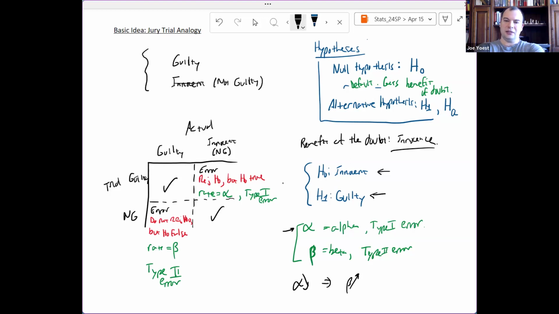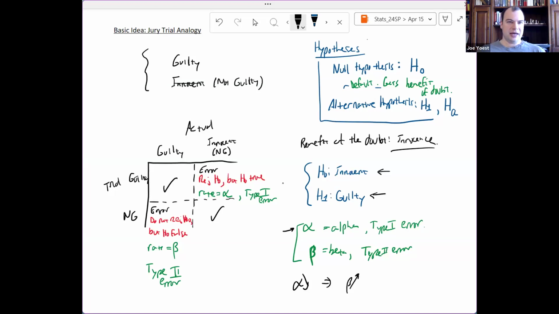So this is the structure of hypothesis testing as well. We do some calculations. We say, if the person was innocent, if the null hypothesis was true, how unlikely would it be for such evidence to exist? If it would be extremely unlikely for such evidence to exist under the null, but also more likely under the alternative, then we reject the null and go with the alternative.